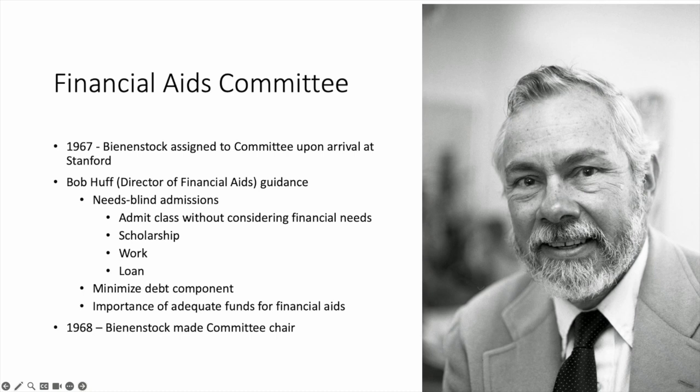That was a real experience for me in the following sense. Bob Huff was the director, and he introduced me for the first time to the concept of needs-blind admission. That is, you admit the freshman class without looking at their financial needs, and then you meet those needs with a mixture of scholarship, jobs, and loans.